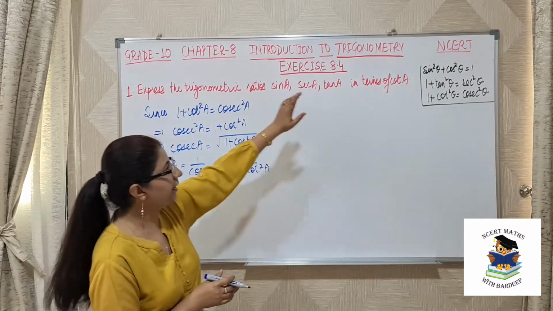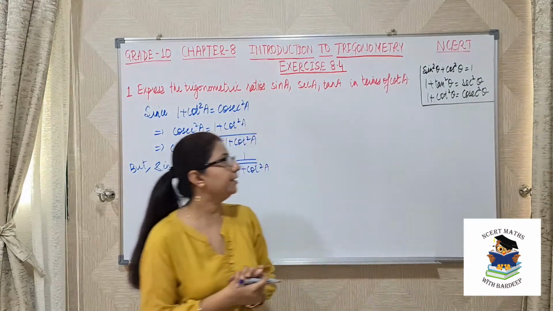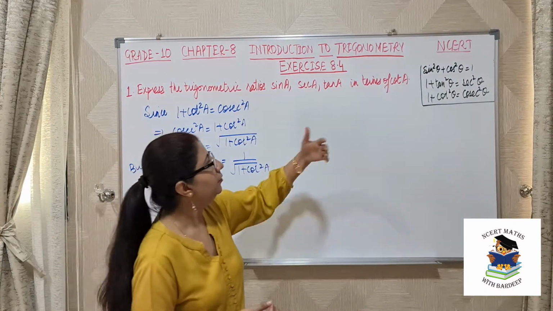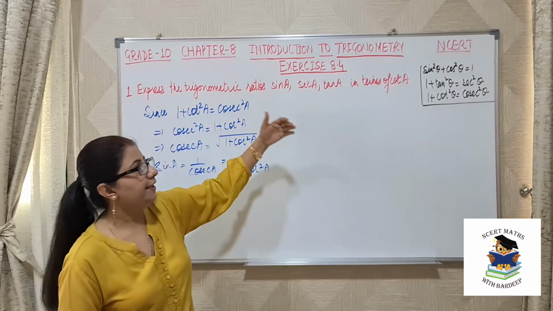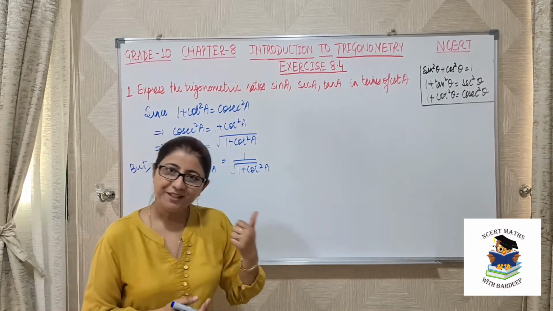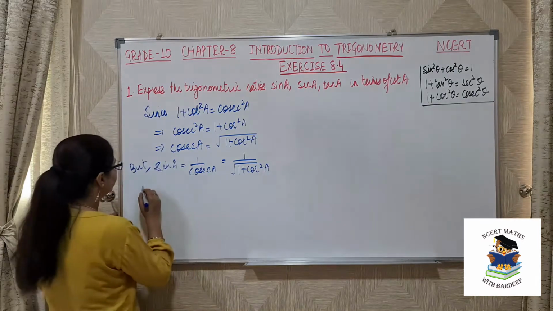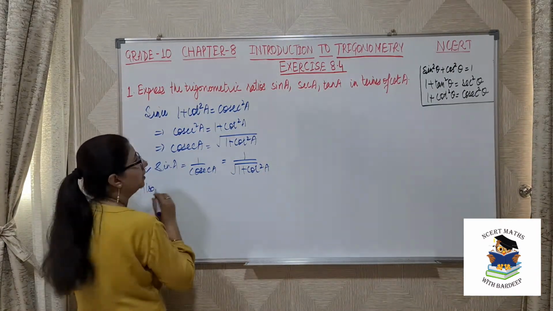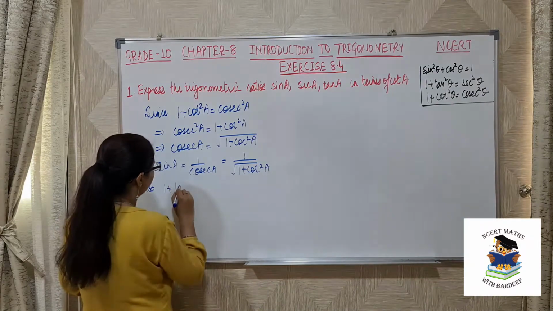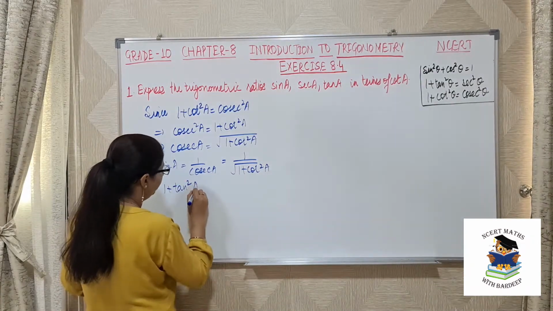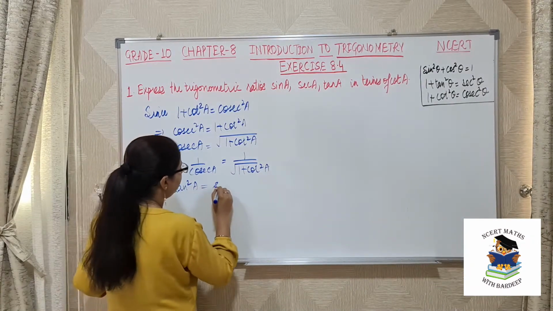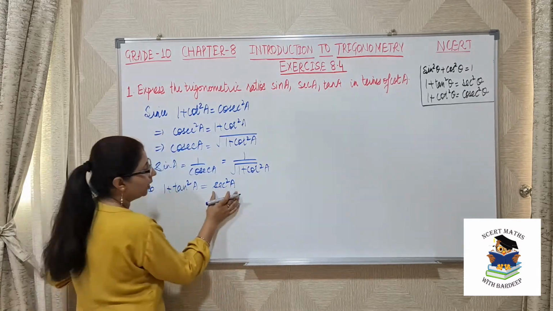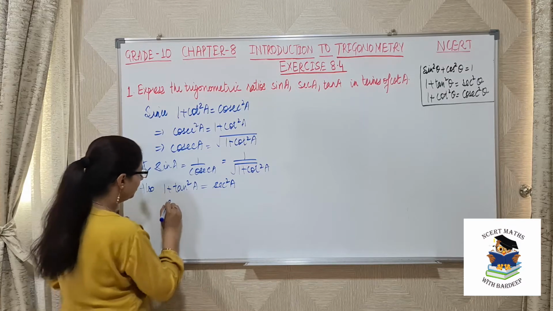See, secant A has the second identity, that is 1 plus tan square theta is equal to secant square theta. First I will use that and then tan square can be replaced with cot. So let's see. 1 plus tan square theta, here we have A, is equal to secant square A. I want secant A, so I will take this on the left-hand side.